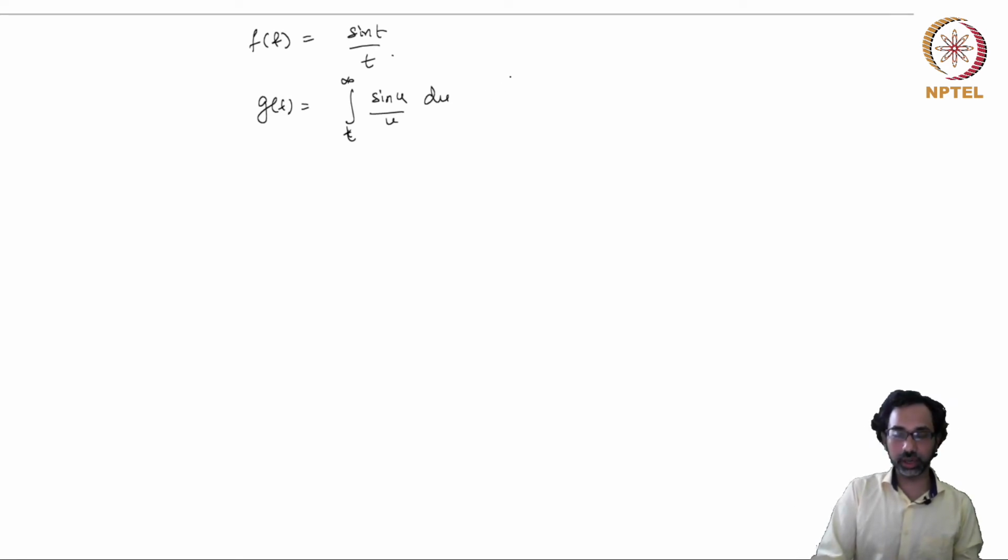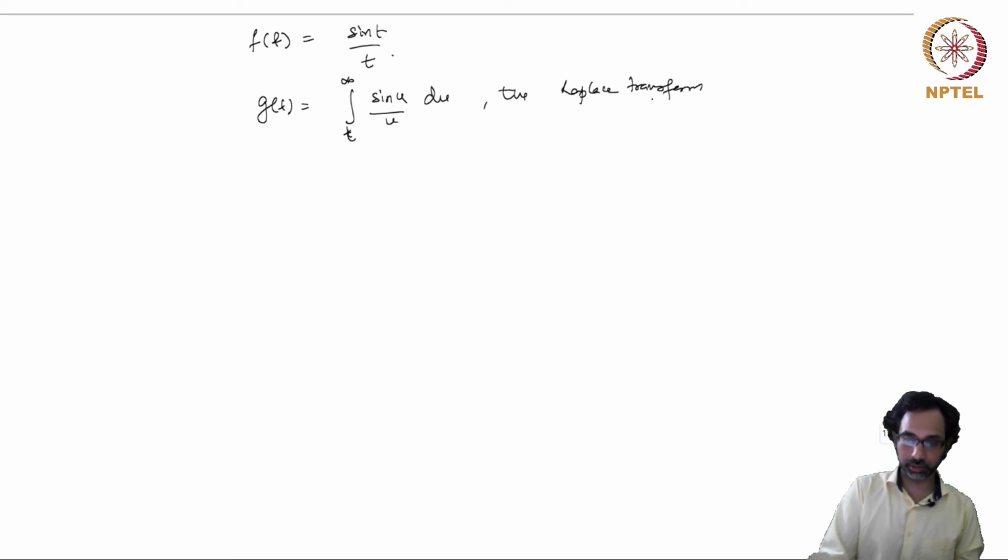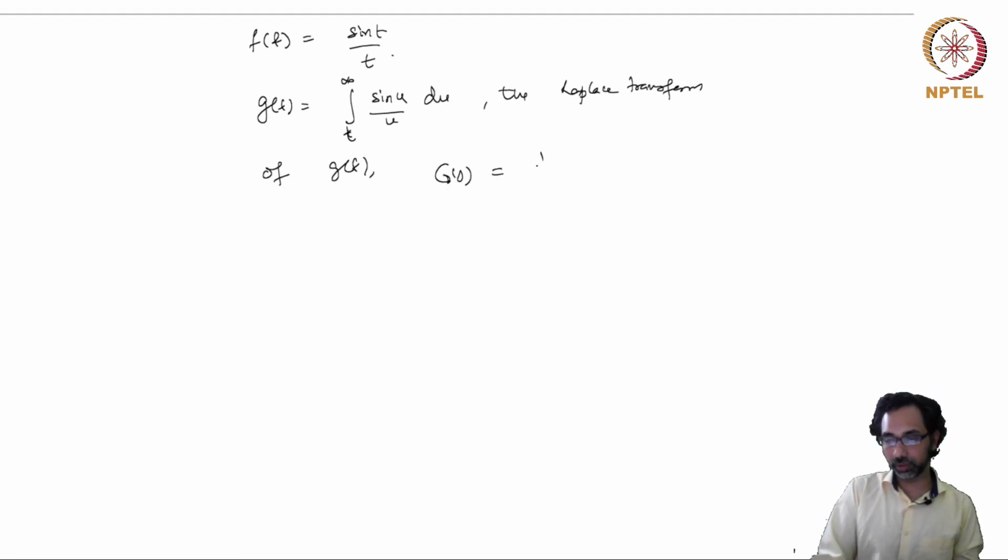Now we have already computed the Laplace transform of g(t). G(s) is given by 1 over s times tan inverse of s.